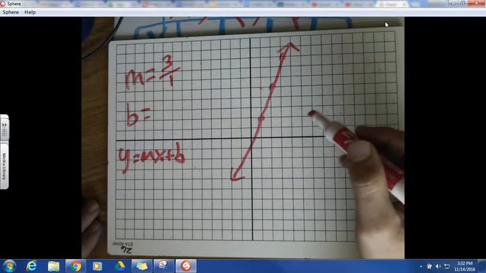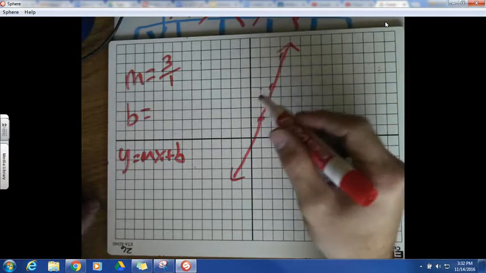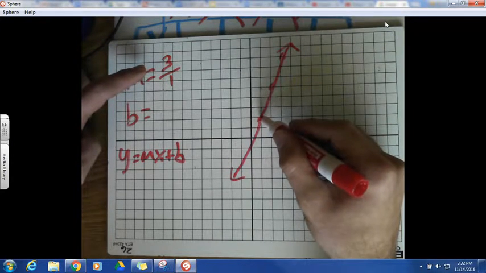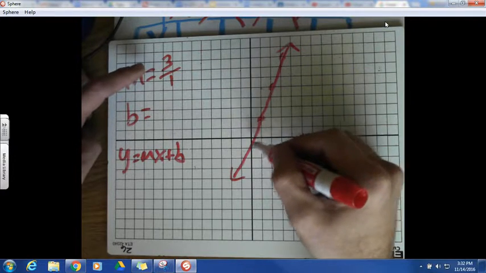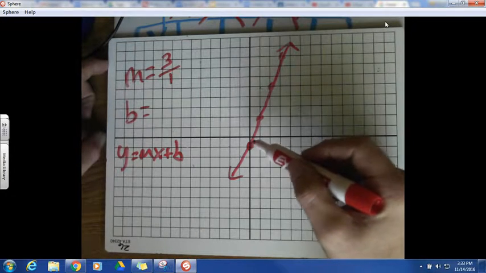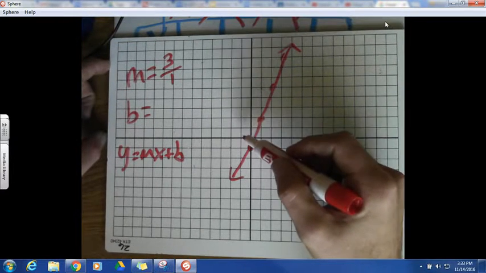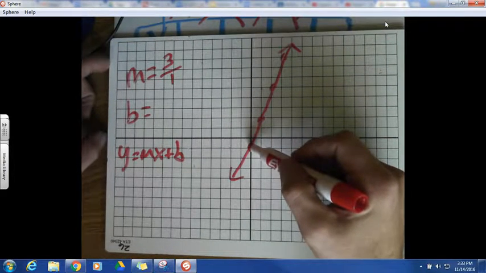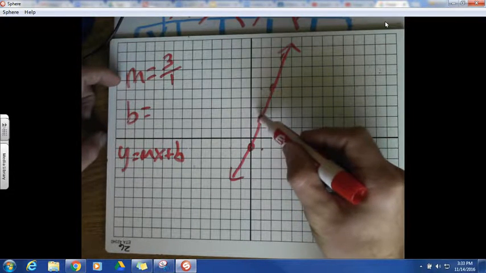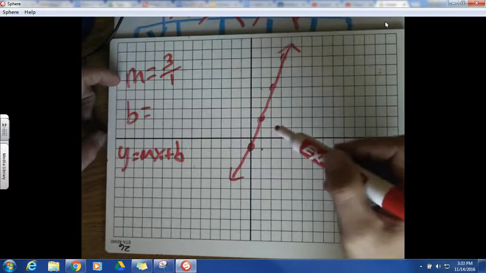One way you can check is by using the slope of the line that you found. If your slope is 3 over 1, you can also go down 1, 2, 3, and then over 1. You have a point here as well, right on the y-axis. To check your work, our slope is 3 over 1, so up 1, 2, 3, over 1. This point works.